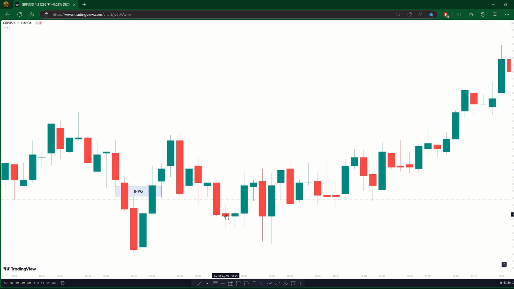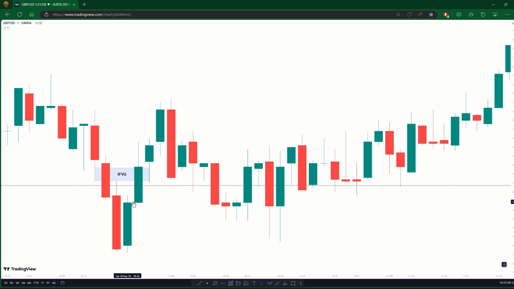I want you to see something here. When the market went up, it left another fair value gap down here. It's not a BPR, but that is a fair value gap here. So you have two things here. You have an inverse fair value gap.